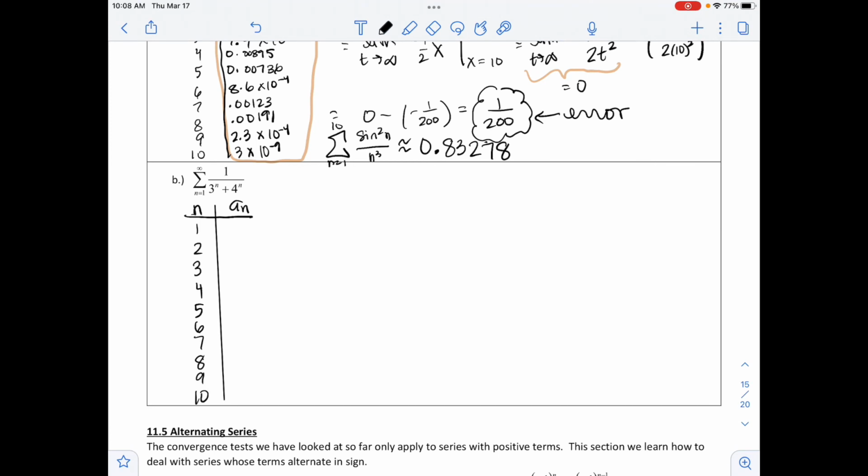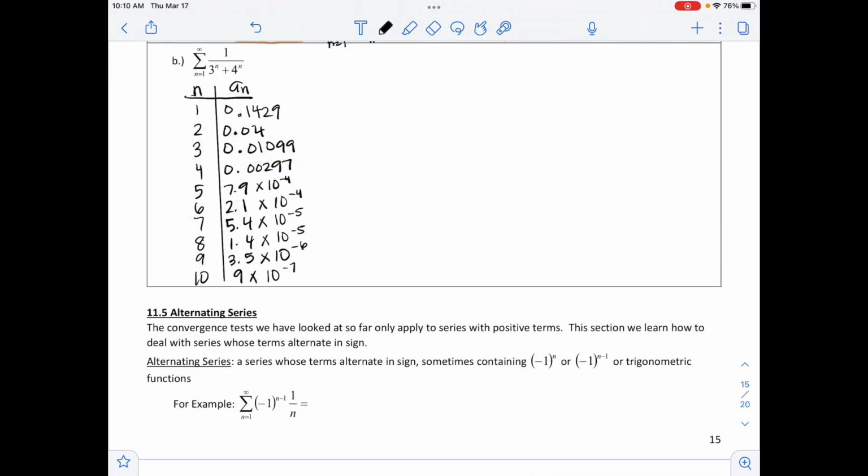And substituting in 1 into our formula, we get 0.1429. Substituting in 2, we get 0.04. Substituting in 3, we get 0.01099. And continuing this and plugging in the remaining numbers, we get the remaining numbers by using our calculator.